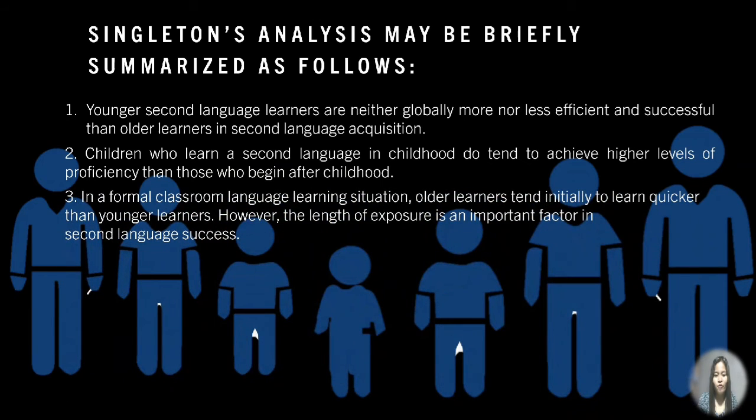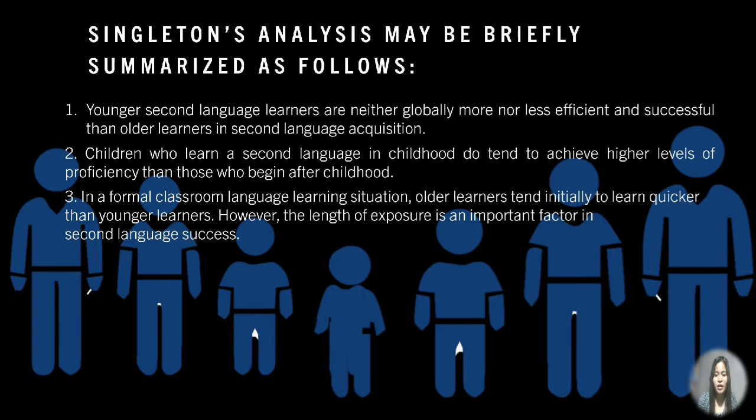Third, in a formal classroom language learning situation, older learners tend initially to learn quicker than younger learners. However, the length of exposure is an important factor in second language success. So the length of exposure here refers to the number of years of second language instruction.